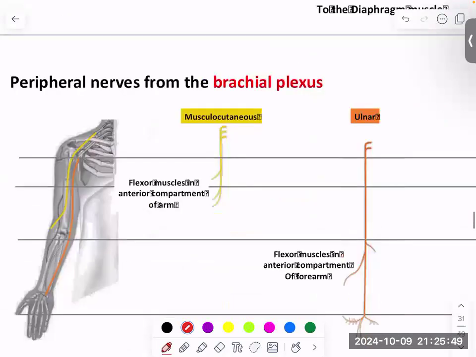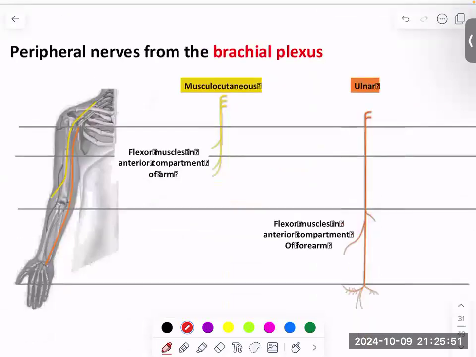The brachial plexus has 4 nerves. We're going to start with the musculocutaneous nerve. The musculocutaneous nerve branches off of C5, C6, C7. Those are part of the brachial plexus.